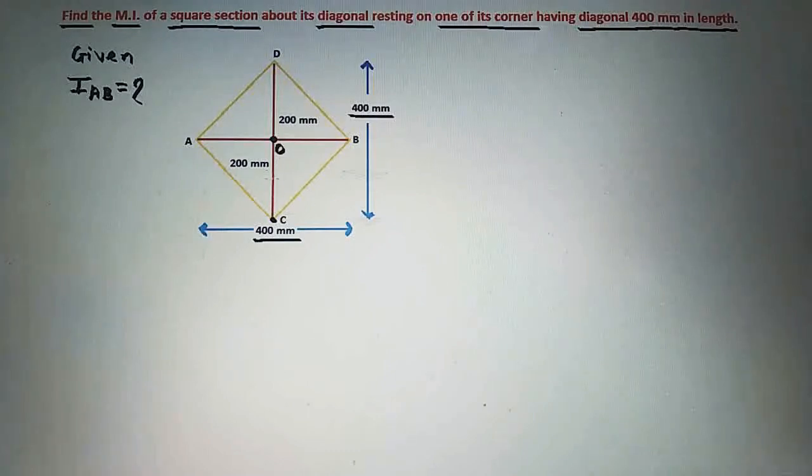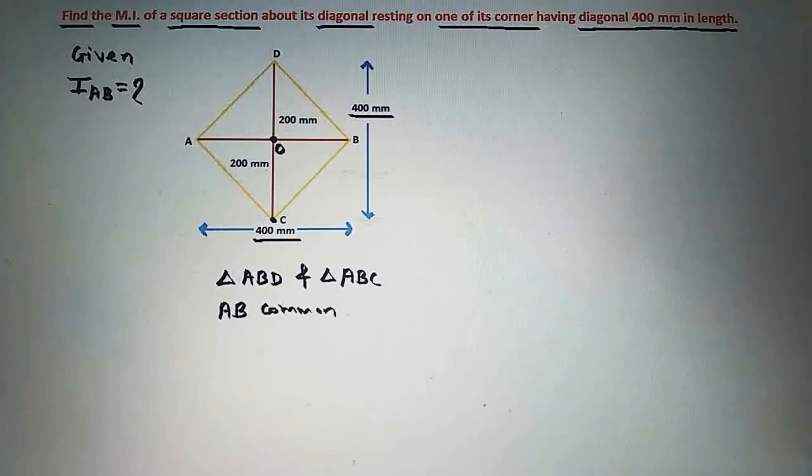in two triangles, and those two triangles are triangle ABD and triangle ABC, and these two triangles have a common base, and that common base is AB. So AB is the common base of these two triangles.